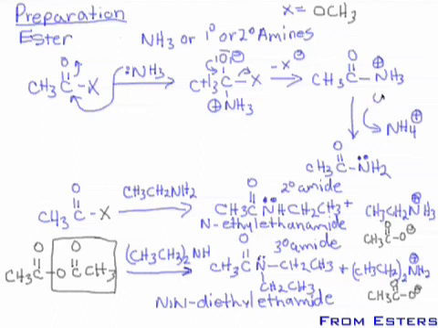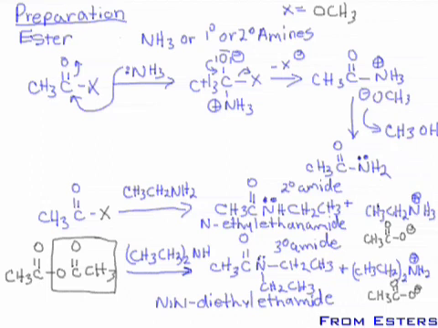And so the OCH3 minus that we form will grab the proton and become methanol. So in the case of ester, we're finally getting up to a leaving group that's quite basic. And so we produce the ethanamide, plus we produce methanol.